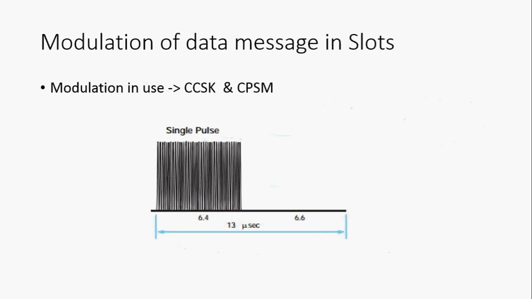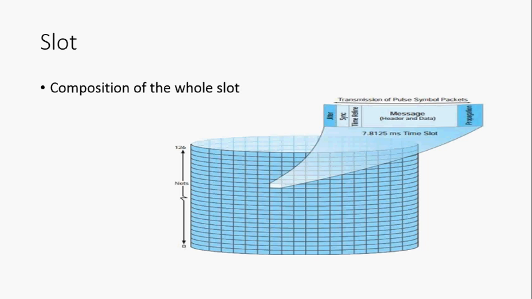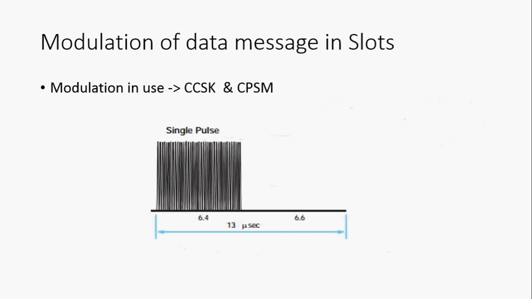So now we are inside a small piece of the time slot, in which the digital data will be transmitted over the radio. We need some sort of modulation to convert the digital data.